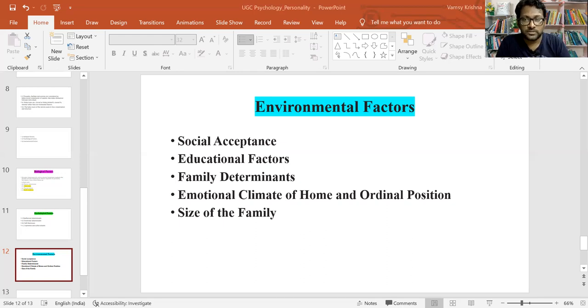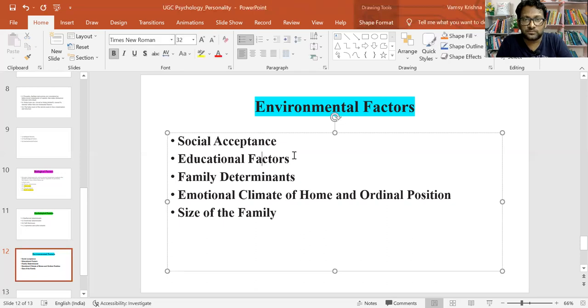So within the education system, the teacher plays a major role in the formation of personality, because it is affecting the self-esteem as well. Teachers should not be prejudicial towards the child, otherwise it affects the self-esteem.